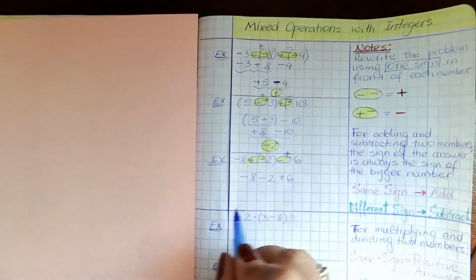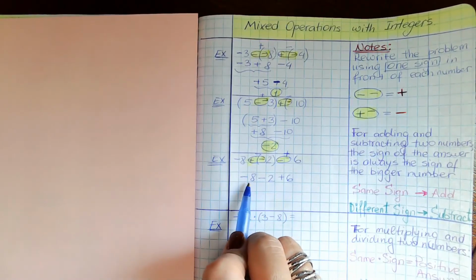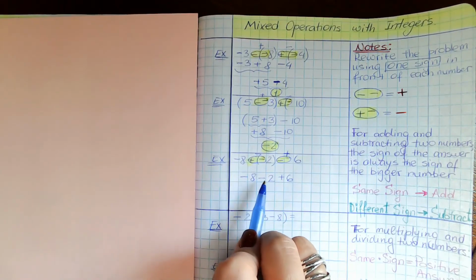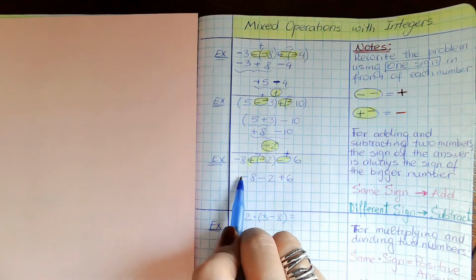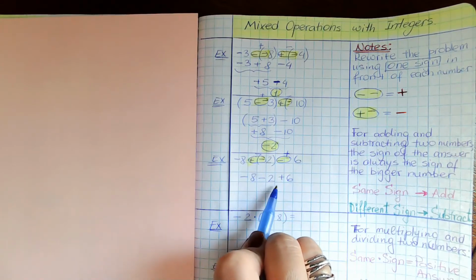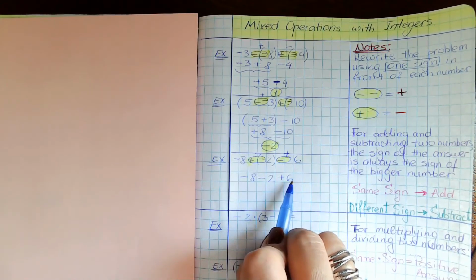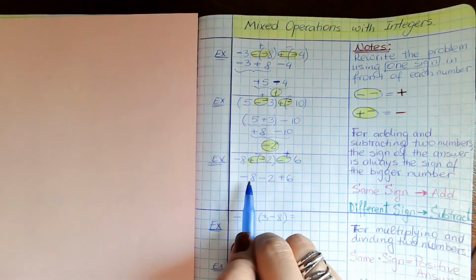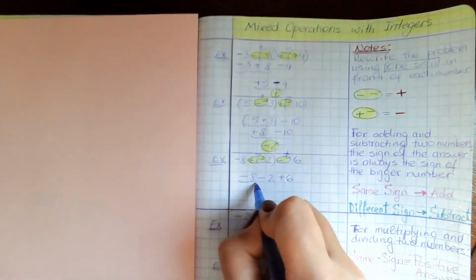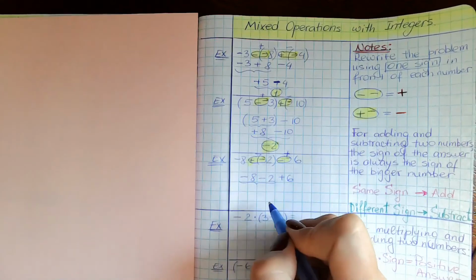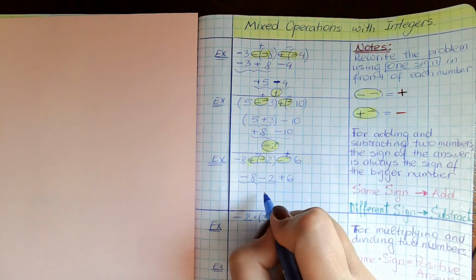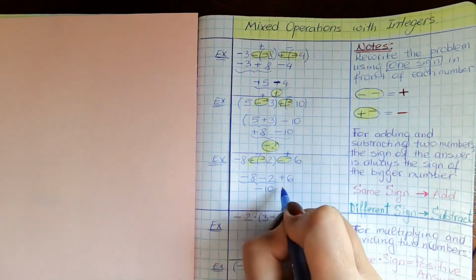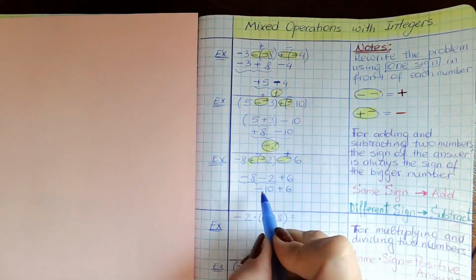If I was to think of them as cards, I have 8 spades, 2 spades, that's a lot of spades, and only 6 hearts. So thinking ahead of my answer, spades and spades, same sign, add the numbers, keep the sign, negative 10, then plus 6.